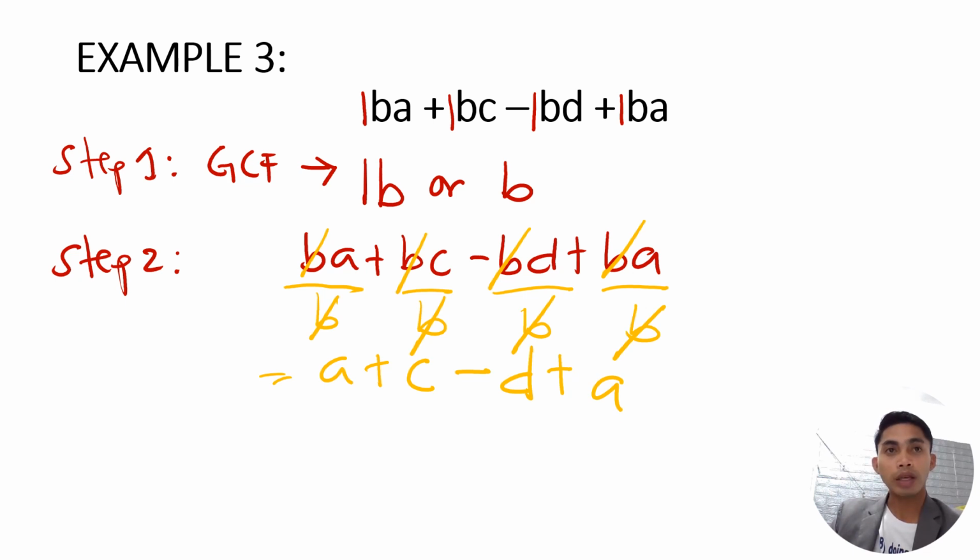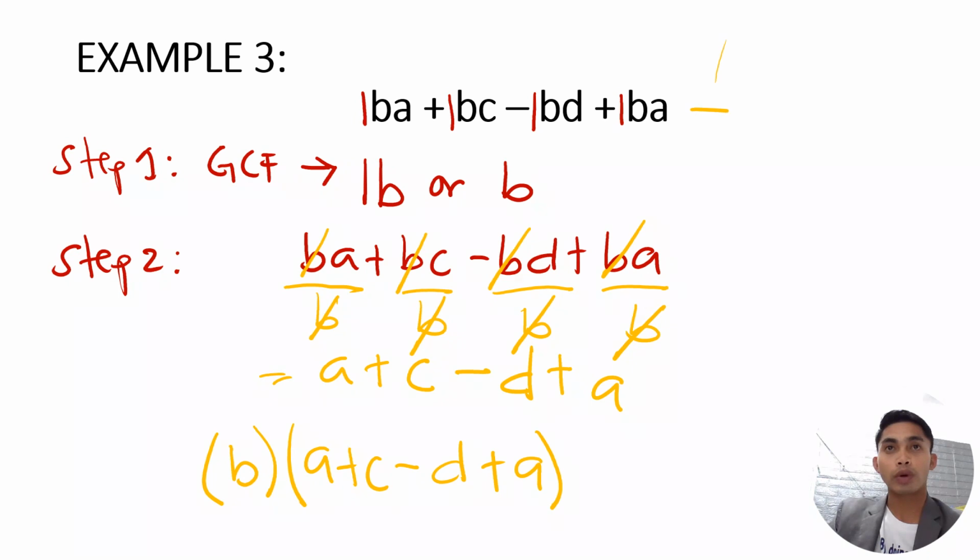So simply, we need to copy the step 1 factor, the GCF, and then the step 2, which is A plus C minus D plus E. So therefore, our factor for example number 3 is first the GCF, which is letter B, times A plus C minus D plus E. So this is our final answer.